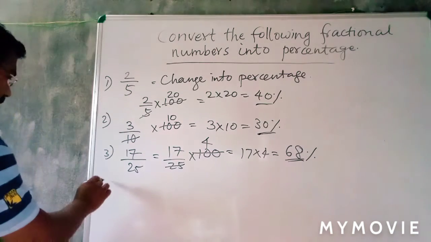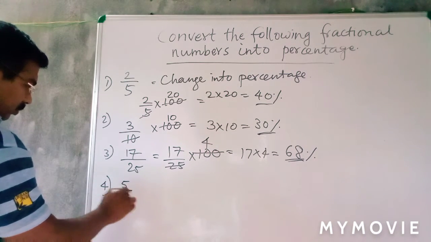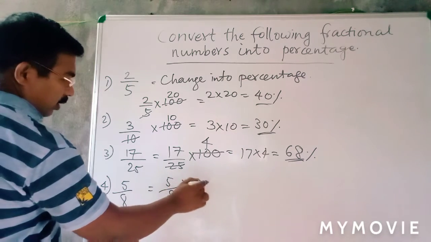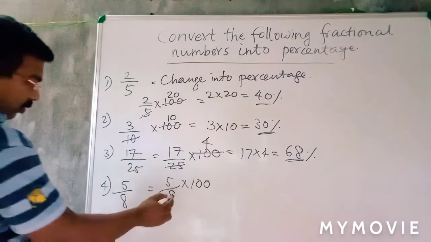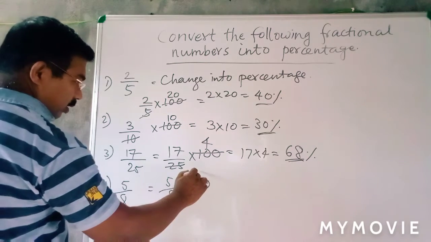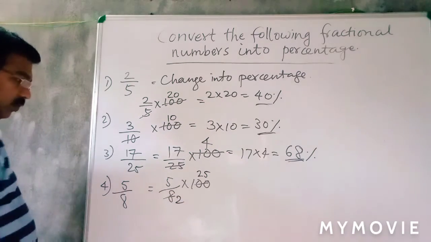Now one more example. 5 by 8 into 100. You divide it with 4, and 25, here it is 2.